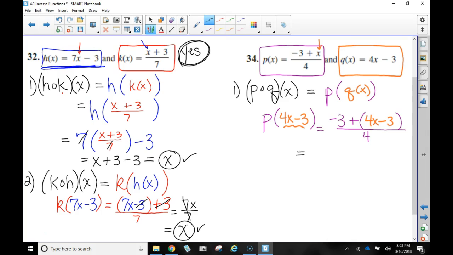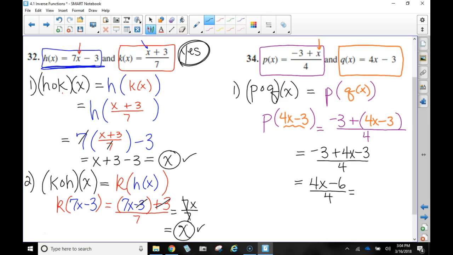And now it's a matter of getting some things simplified. All right, so in the numerator, we have negative 3 plus 4x minus 3, all divided by 4. And so when I go to simplify that, I'm going to have 4x minus 6 all over 4. Uh-oh, this isn't looking like P and Q are inverse functions.